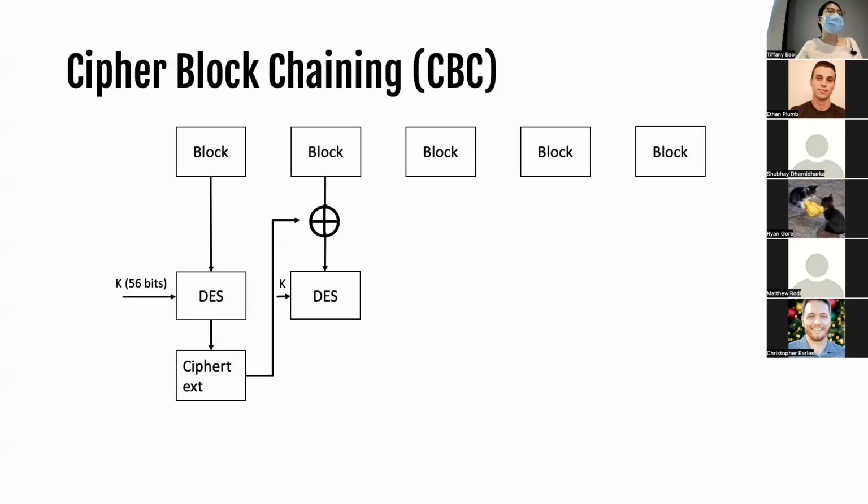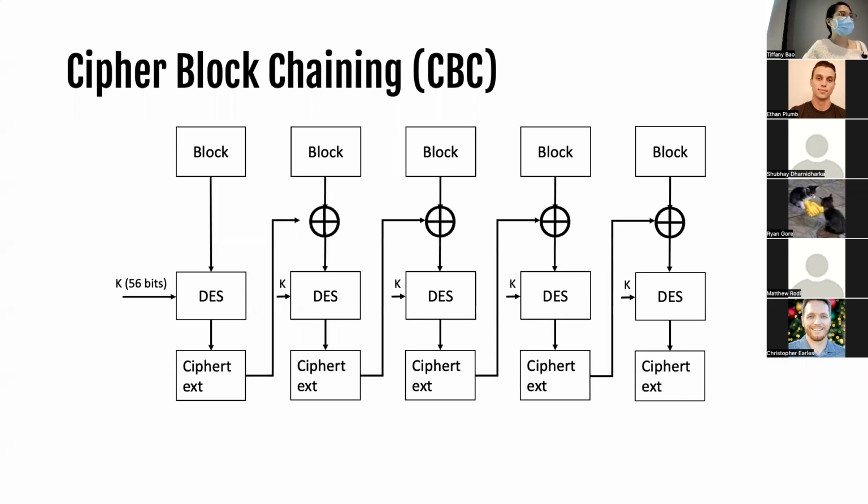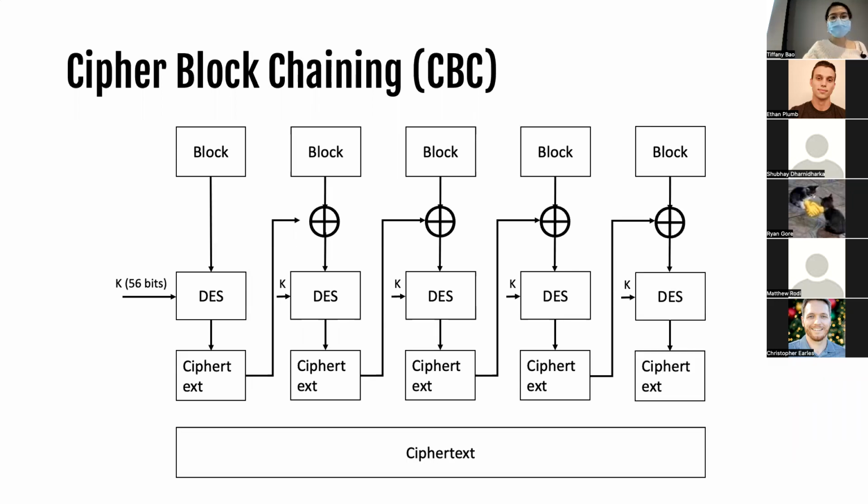The way it works is that we XOR the previous ciphertext with the current plain text block, and then we encrypt that with the key using DES or whatever algorithm. You can also use AES instead. Then we get the next ciphertext. And we just do this one by one, and we get the ciphertext.